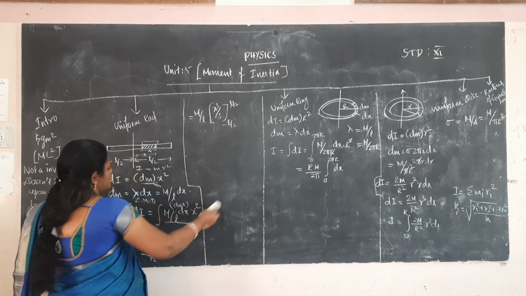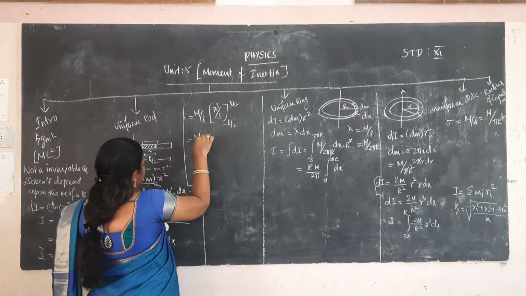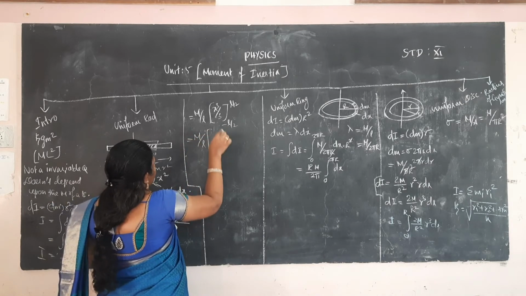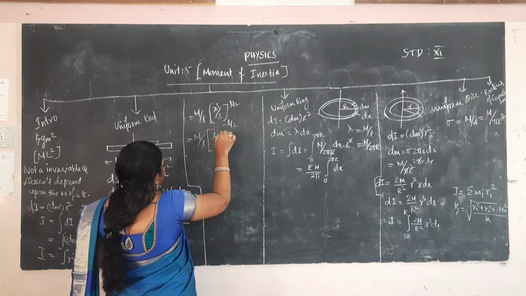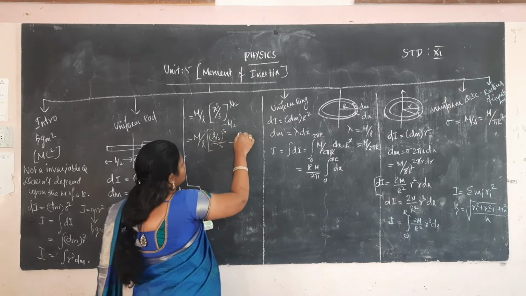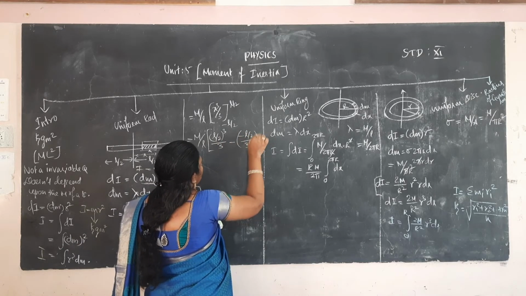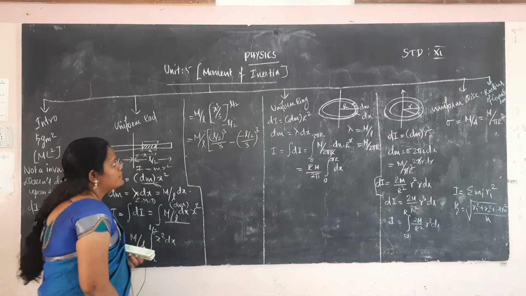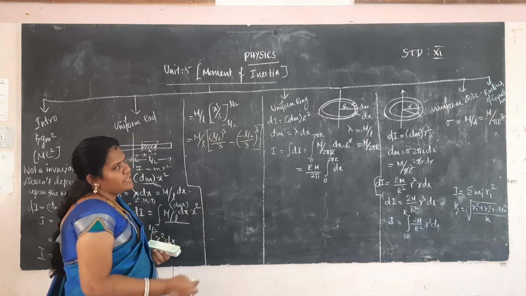Next, we apply the limit values. So m by L outside, x cube by 3: (L by 2) the whole cube by 3 minus of minus (L by 2) the whole cube by 3. First we apply the upper limit minus the lower limit.